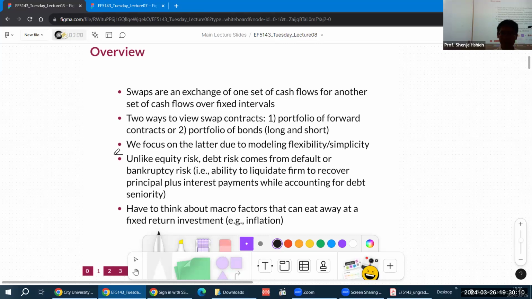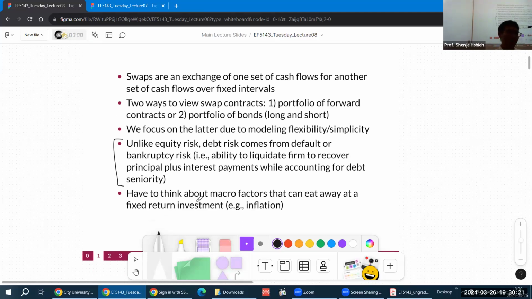And just to give you an overview of why valuing swaps is very different from valuing stocks, it's because debt contracts are priced based on their exposure to interest rates. Okay, and interest rates are more like macro risk as opposed to firm-specific risk.